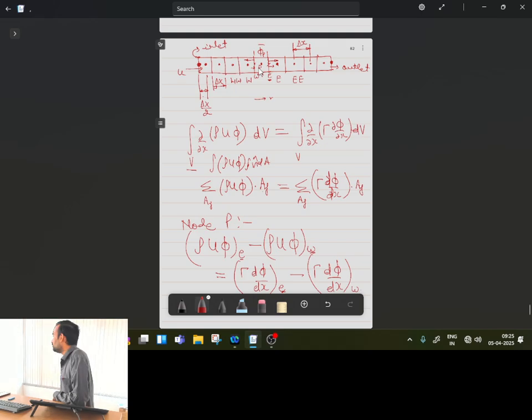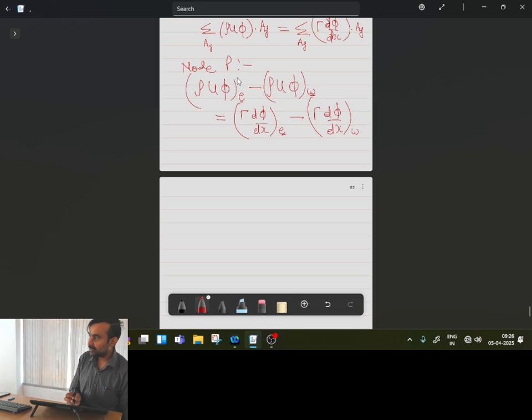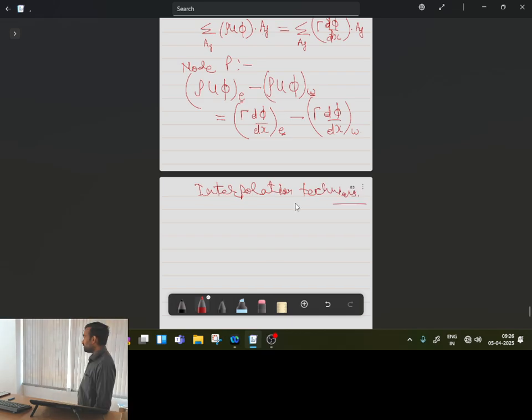Interpolation. So it means that to estimate all these parameters, we need to use different types of interpolation techniques. Are all clear with this point?